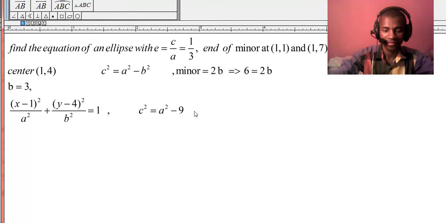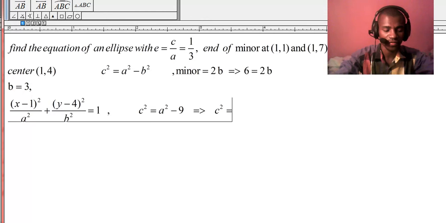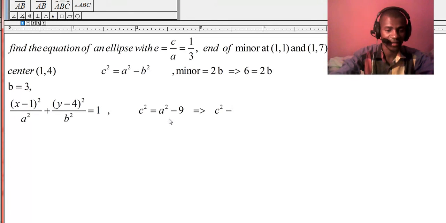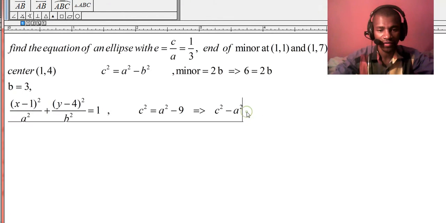So it follows that c squared minus a squared is now equal to minus 9.